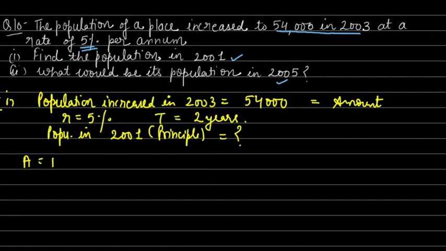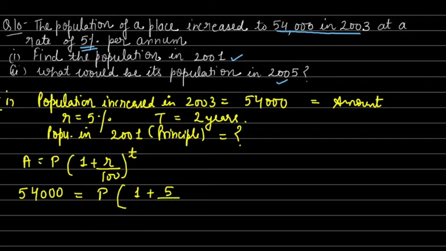Amount is equal to principal into 1 plus r upon 100 raised to the power t. Amount is how much? 54,000. Principal we have to calculate, 1 plus 5 by 100 raised to the power 2, correct? Now if I simplify it, principal as it is, take the LCM.